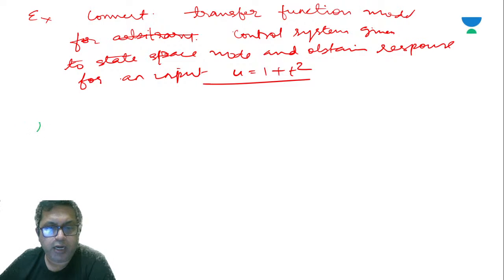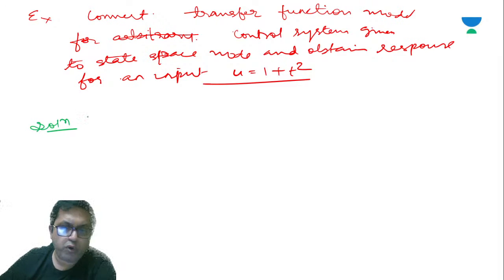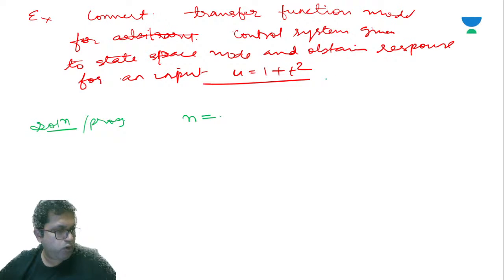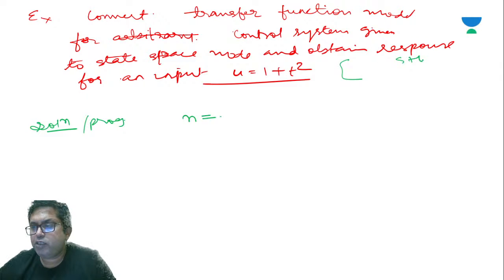So let us write the program, solution or program. Okay. So n is equal to, what was the control system? Control system was s plus 4 upon, this is transfer function, s cube plus 2s square plus 2s plus 4.